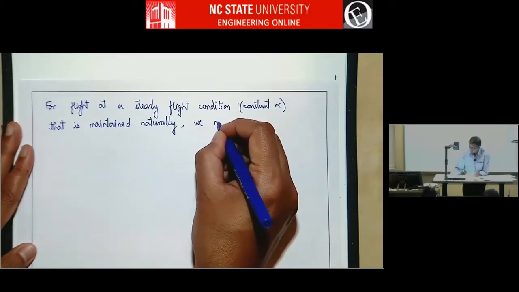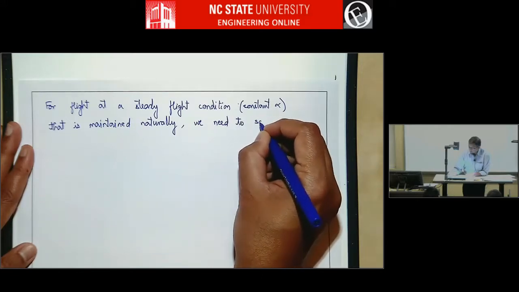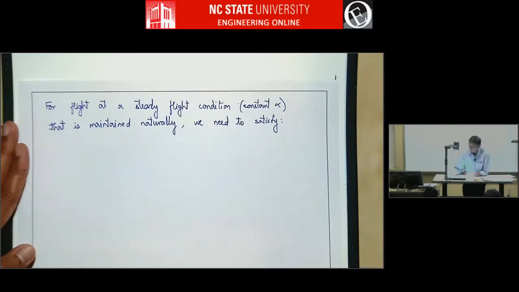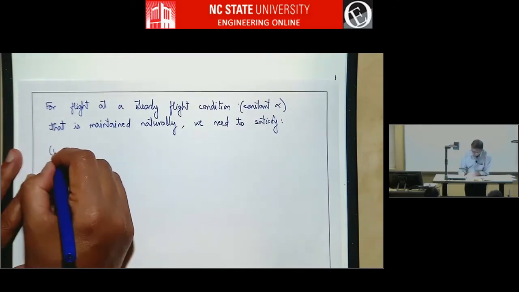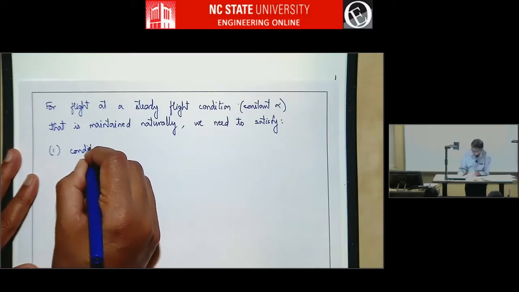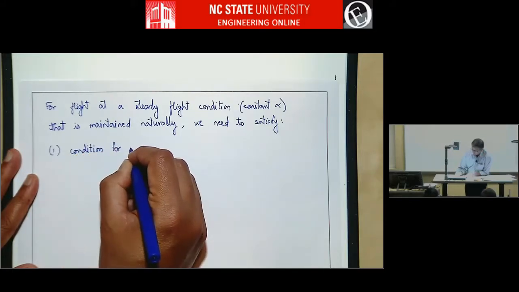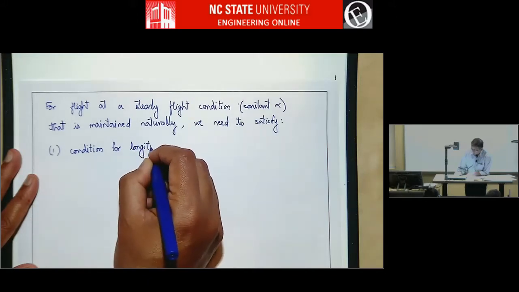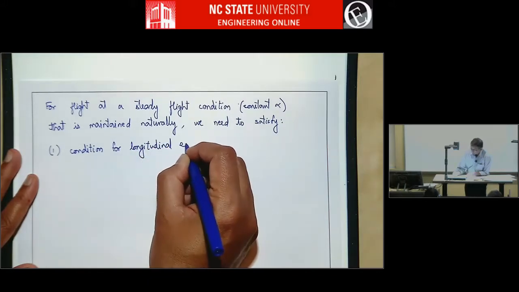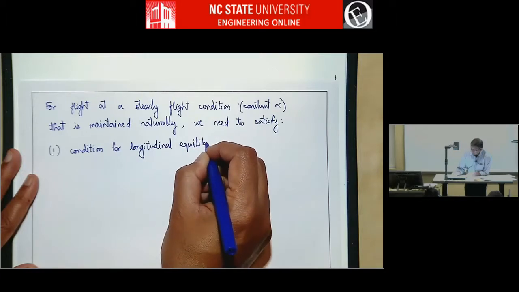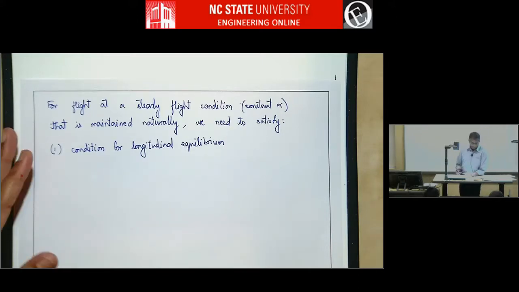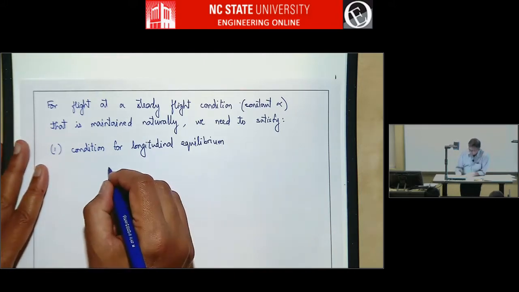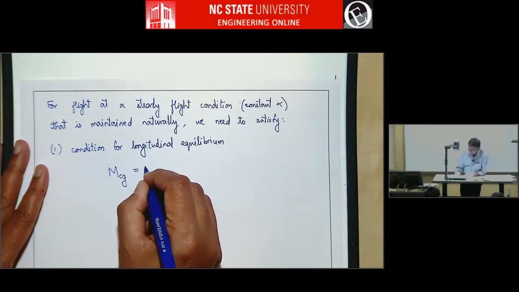So we need to satisfy a couple of conditions. Okay, so the first condition is we need to have the aircraft be in longitudinal equilibrium, and for that the condition is MCG equals 0.